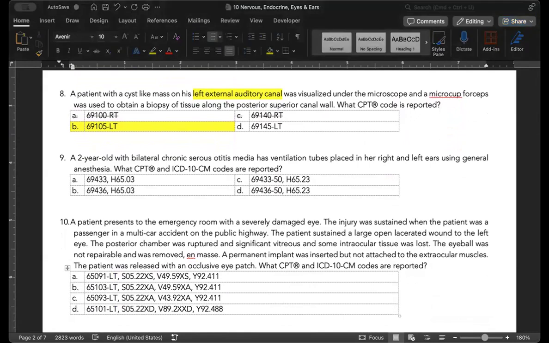All right. Number 9, 2-year-old with bilateral chronic serous otitis media has ventilation tubes placed in her right and left ears using general anesthesia. So let's go look at 69433 because it's in 2.